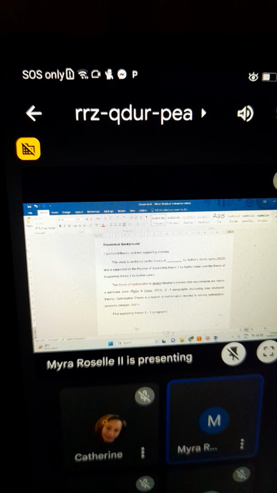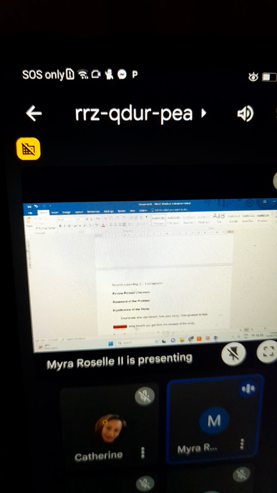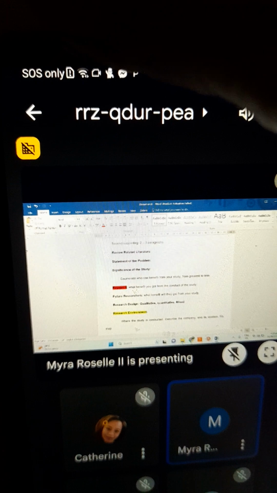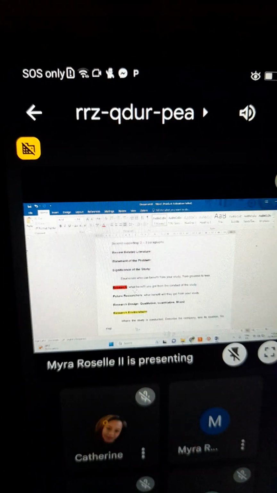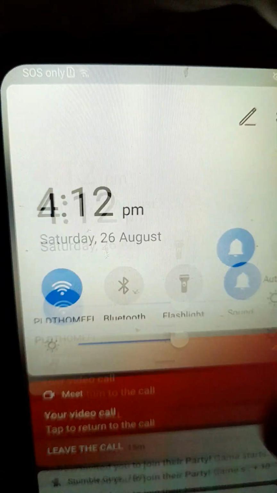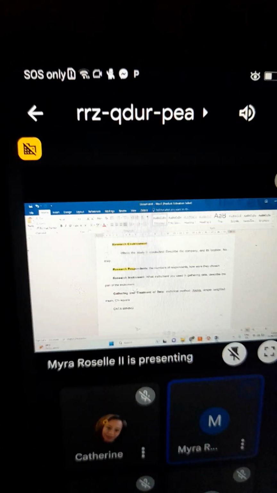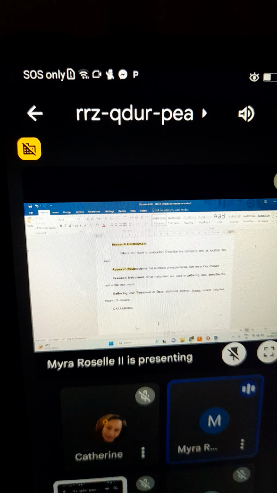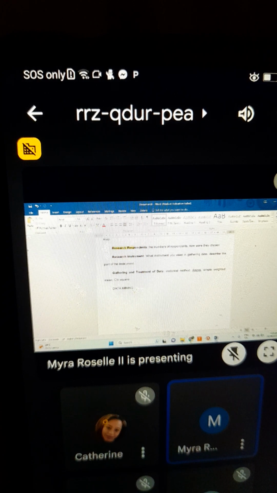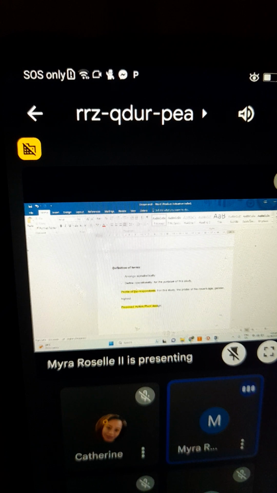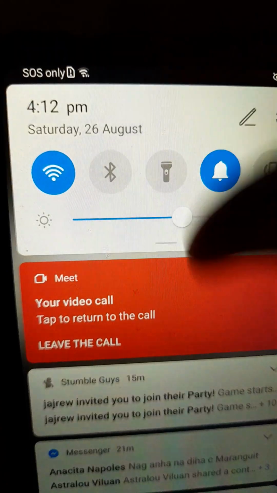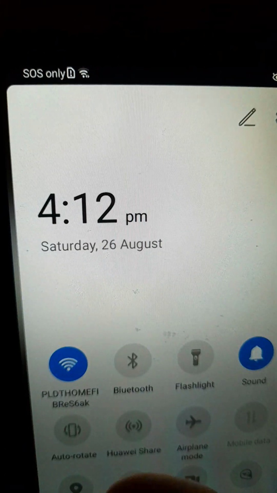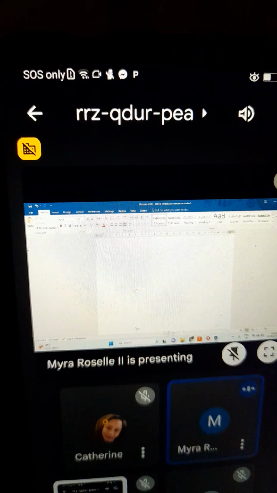Let's move to the next page. Next. Make sure you write data mining, ha? Definition of terms. Next.